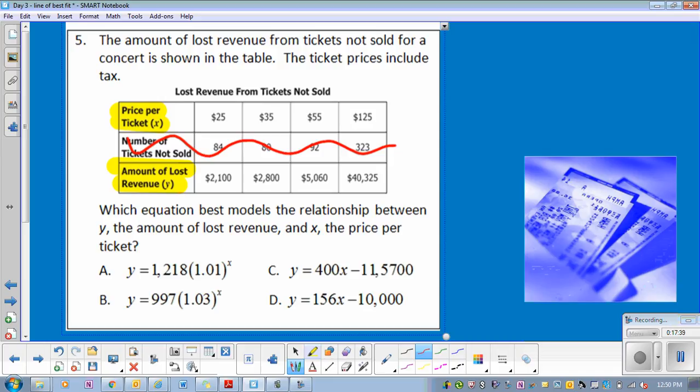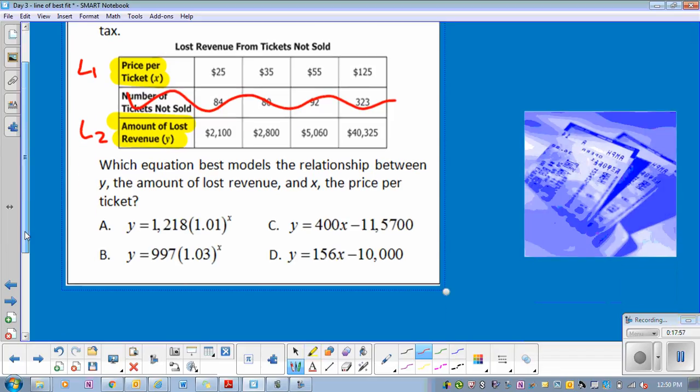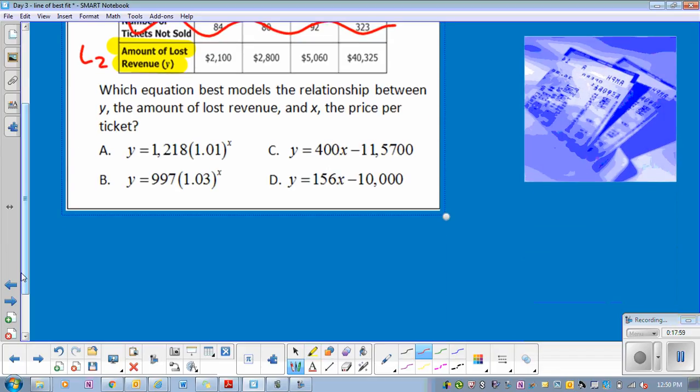So X and Y, which equation best models it? This is going to go into L1, this is going to go into L2. We actually have to put this into the calculator. Since we have multiple choice answers, let's check which regs we're going to use. A and B are both exponential reg.